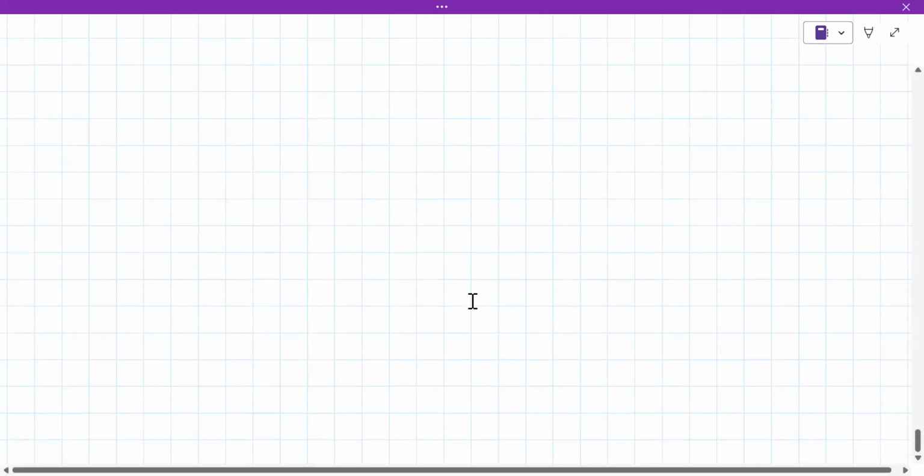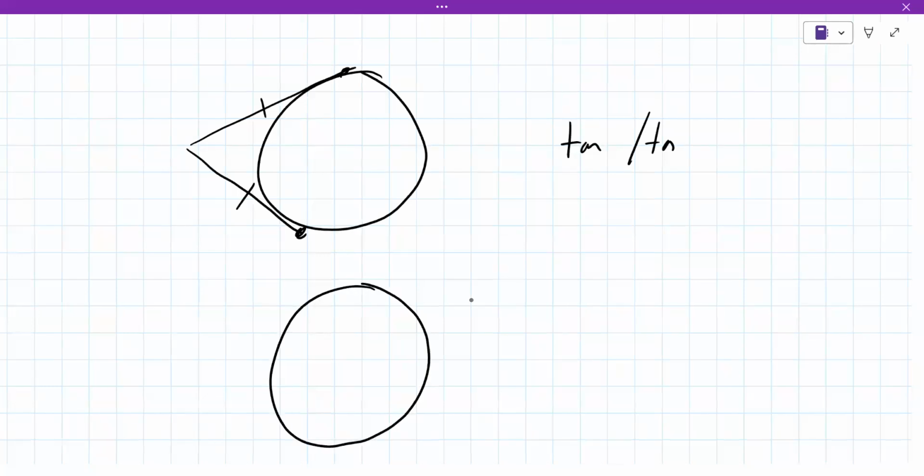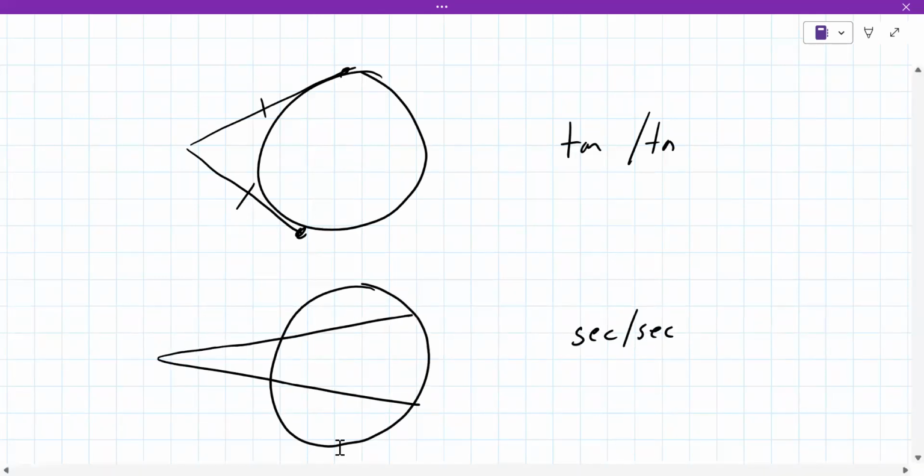The next type of problems I'm seeing are where there are 3 cases. There's tangents are congruent: the tangents are congruent. The next case is secant. This is secant. They cut through in 2 places.